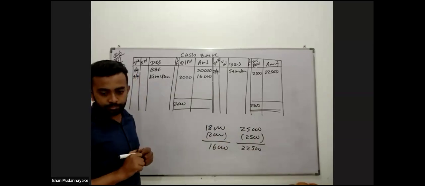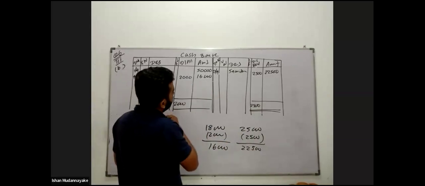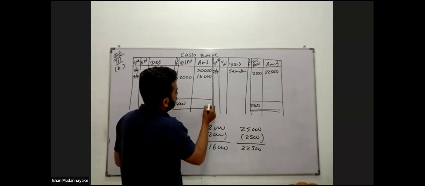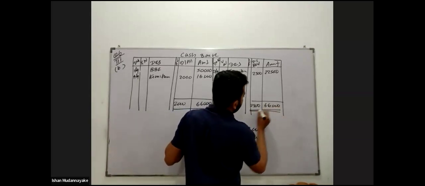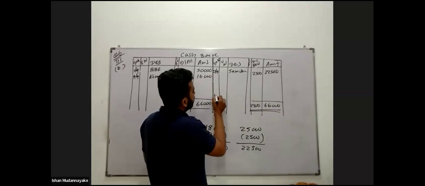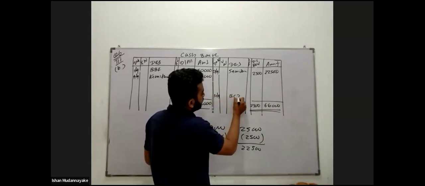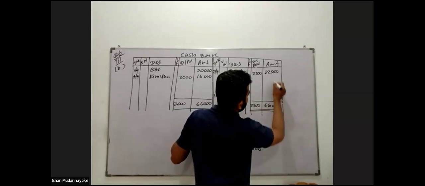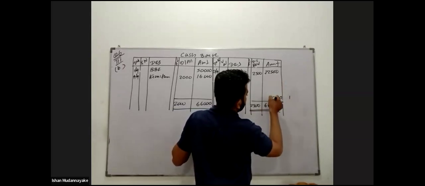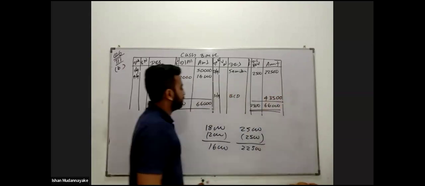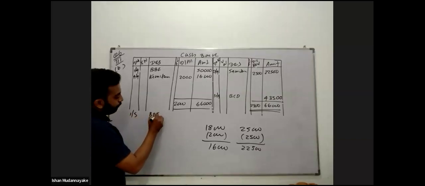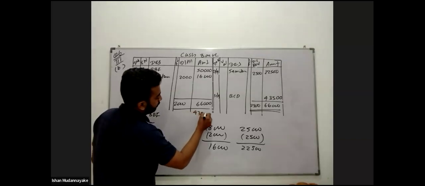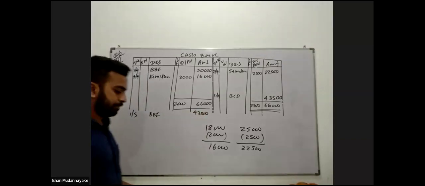And then total debit side balance 66,000. 66,000 minus 22,500, 30th April balance carried down. Closing cash balance how much? 43,500. And then 1st May, balance brought forward 43,500.